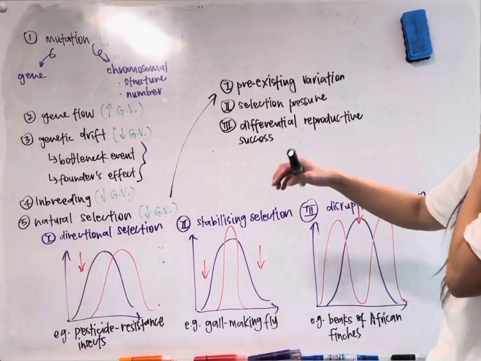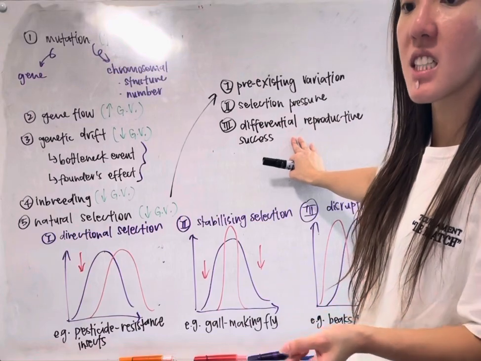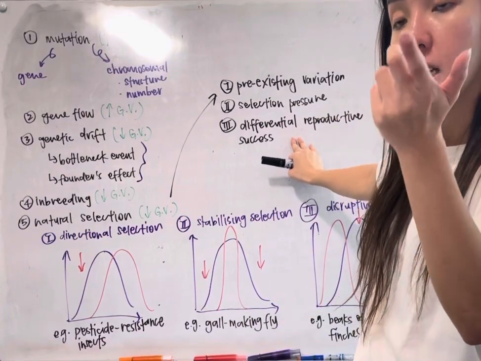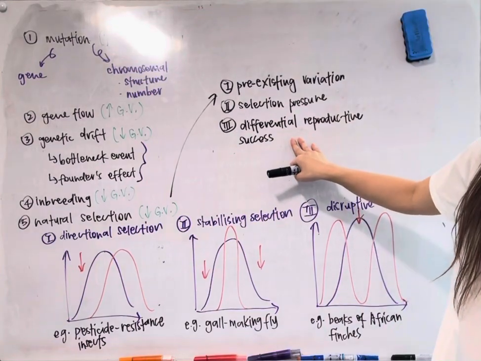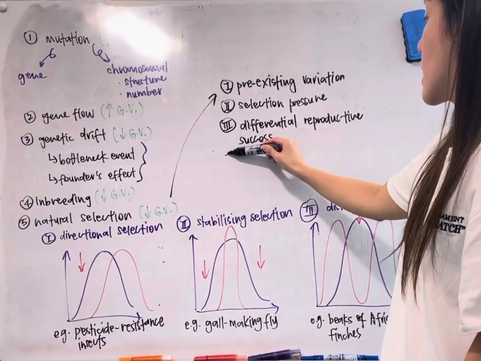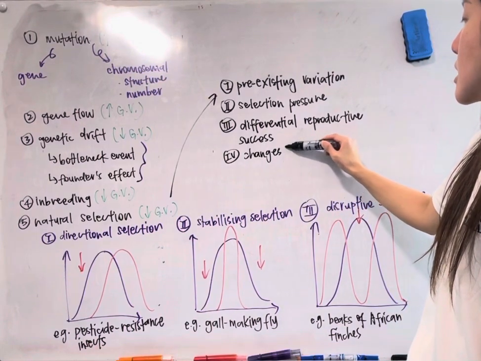Because you are trying to say that those that have lower reproductive success have less chance of passing down the alleles to their offspring. Such that eventually you must always mention how this will cause changes in allele frequency.